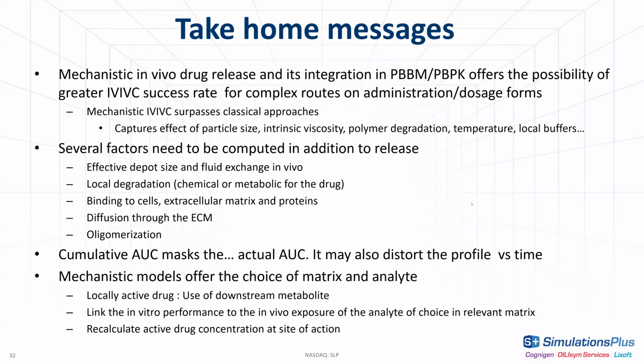And finally, I'll finish with some advantage of using mechanistic models: if you have a full PBPK model, you can then choose the relevant matrix and relevant analyte to build your correlation. And I'll give you an example a bit outside of the examples I've developed here. If you've got a locally active drug, you can use a downstream metabolite.